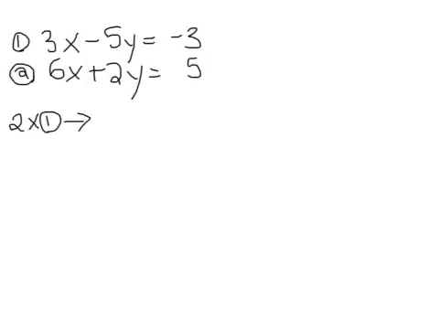It's a great strategy for looking back at your work later on. So 2 times equation 1 gives me 6x minus 10y equals -6. Remember, we're trying to get a 10 in the y spot for equation 2.